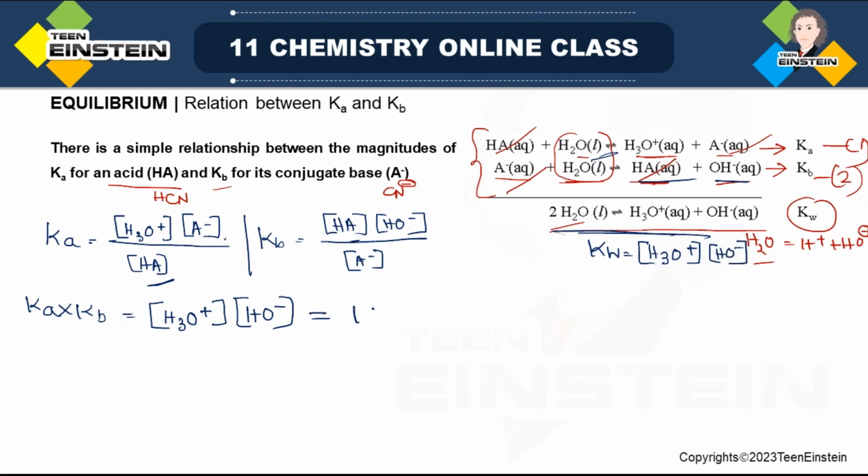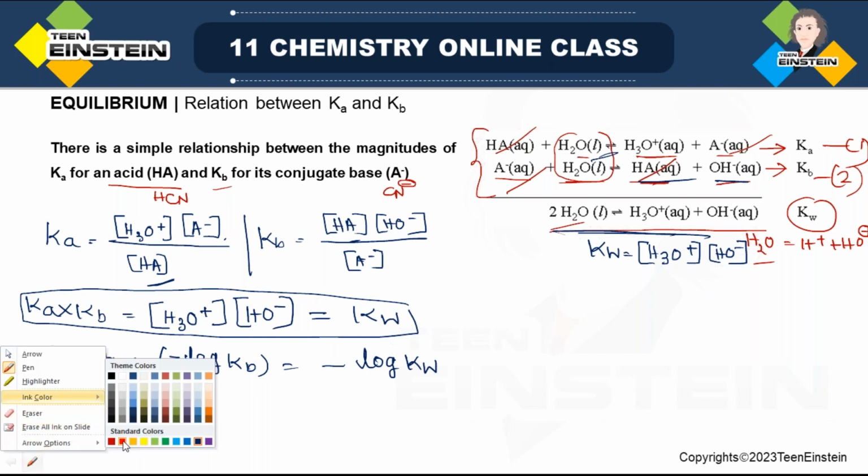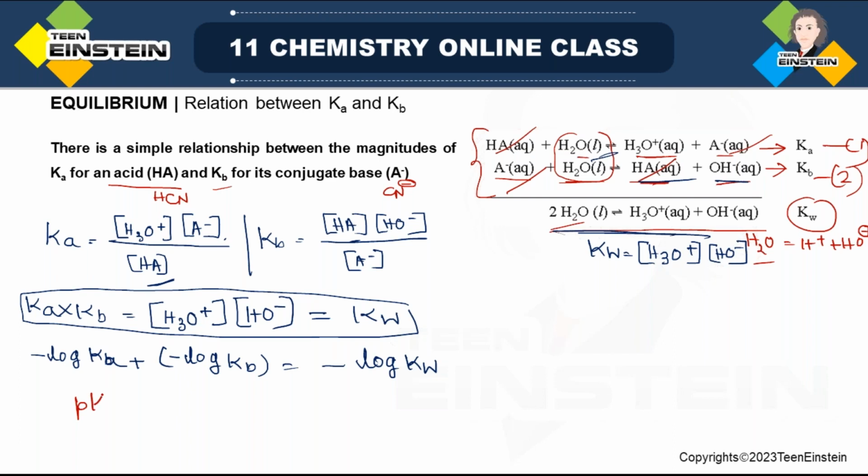So ultimately we can write Ka times Kb equals Kw. This is the relationship. Now if you take negative log on both sides, negative log Ka plus negative log Kb equals negative log Kw, which we can write in terms of pKa, pKb, and pKw.